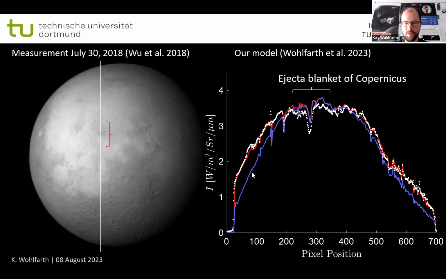So moving from the blue line to the red line requires small scale roughness, and that's really important. Otherwise, you get very weird effects. It's important in the morning when you have very oblique illumination of the surface. It's important in different latitudes.